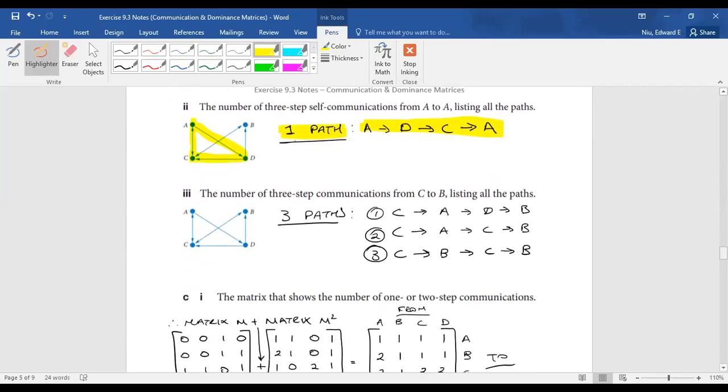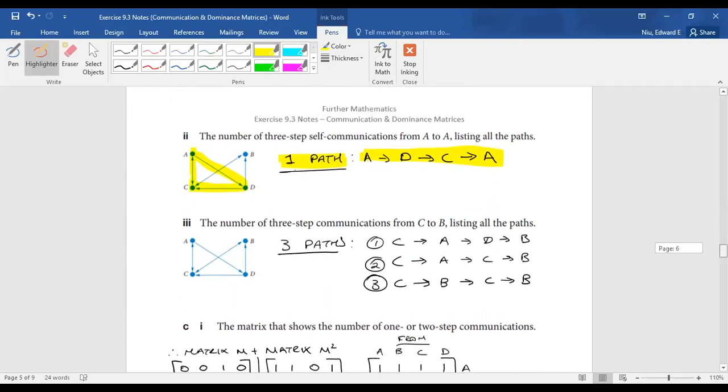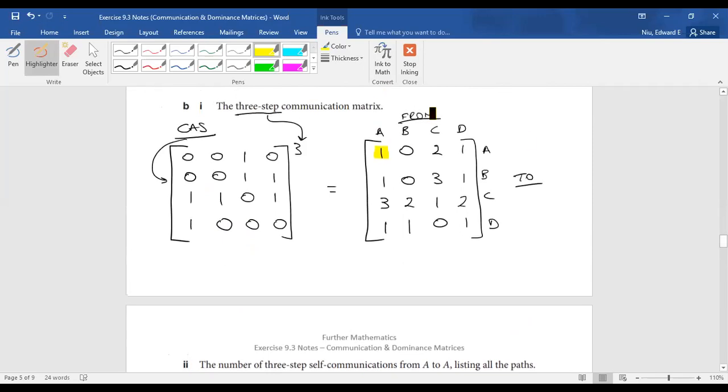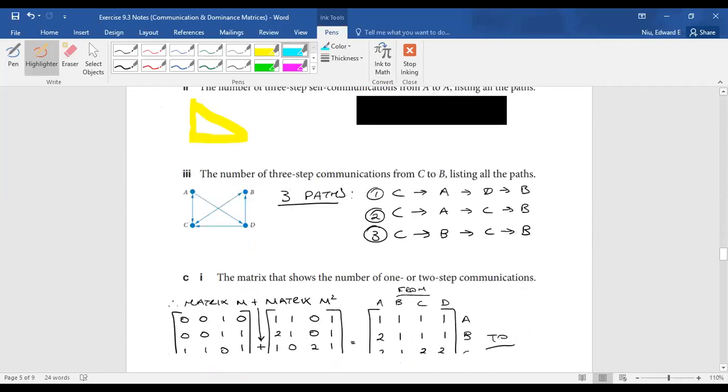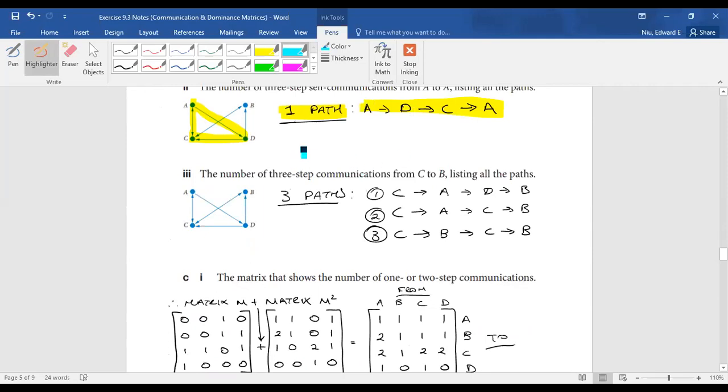Part 3, the number of three-step communications from C to B. So from C to B, there's 3 of them. So from C to B, there's 3 paths. That's how we got our answer of 3 paths.